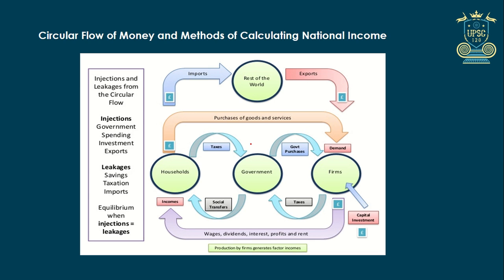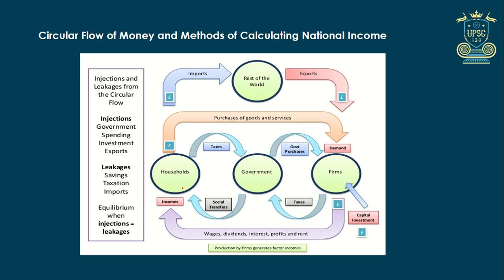No, it is to have an overall understanding of how the economy works, so that when we say the total value of the finished goods, we would be able to imagine how it is. So to have an overall idea on how the economy functions, I have added this diagram.